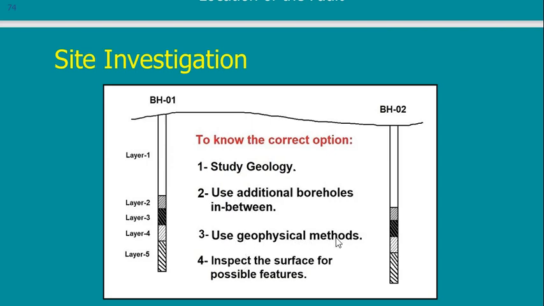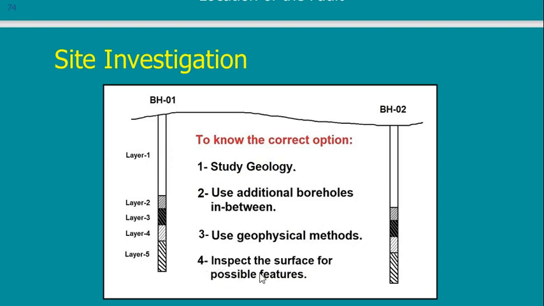Use geophysical methods. I can use geophysical methods always, but it is important if I find differences between boreholes, so I need to study what is in between and how layers are moving from one borehole to another. So this is geophysical methods.